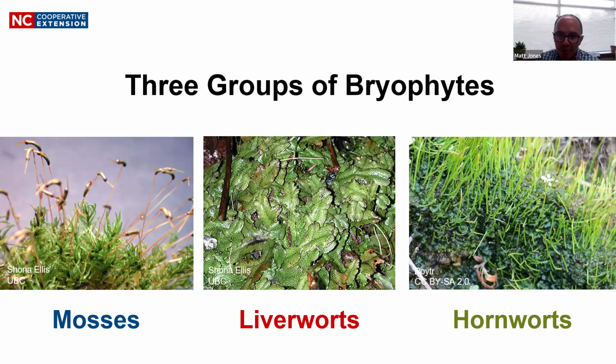Liverworts are another major group of bryophytes that can have both flat thalloid forms and more moss-like forms, and then hornworts generally have this flat thalloid form, and then they just send up a horn that helps them disperse their spores.